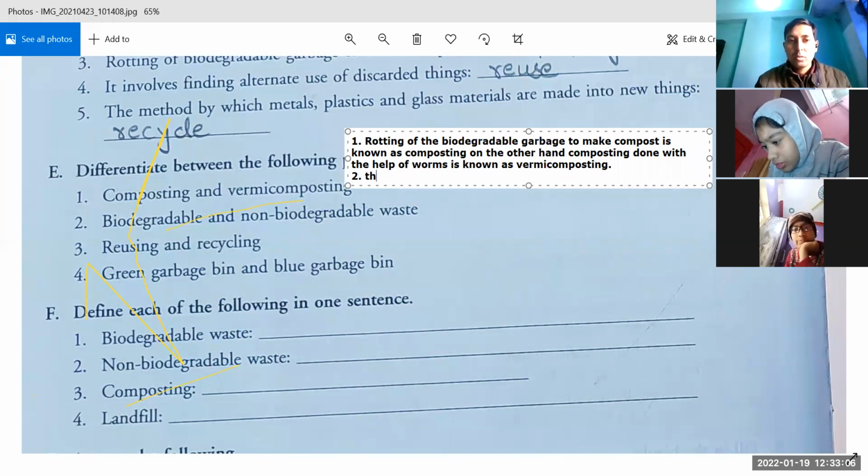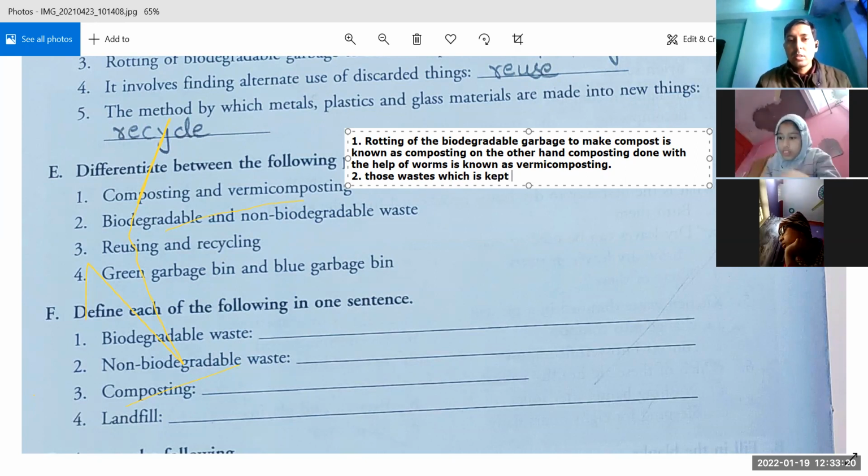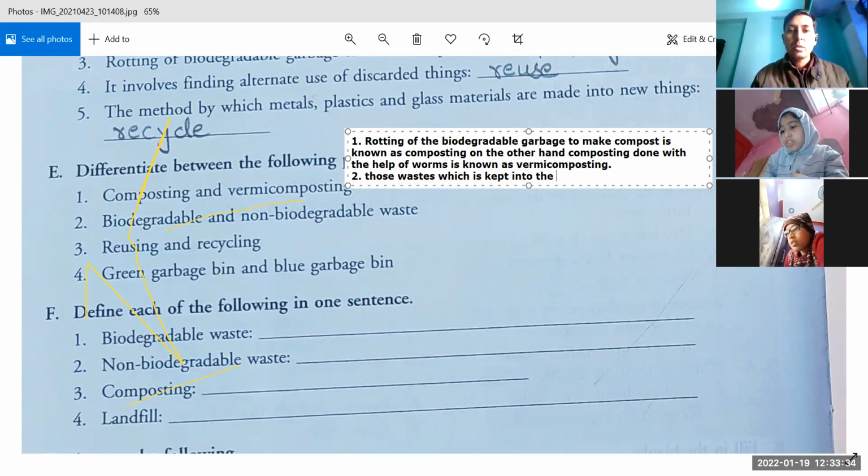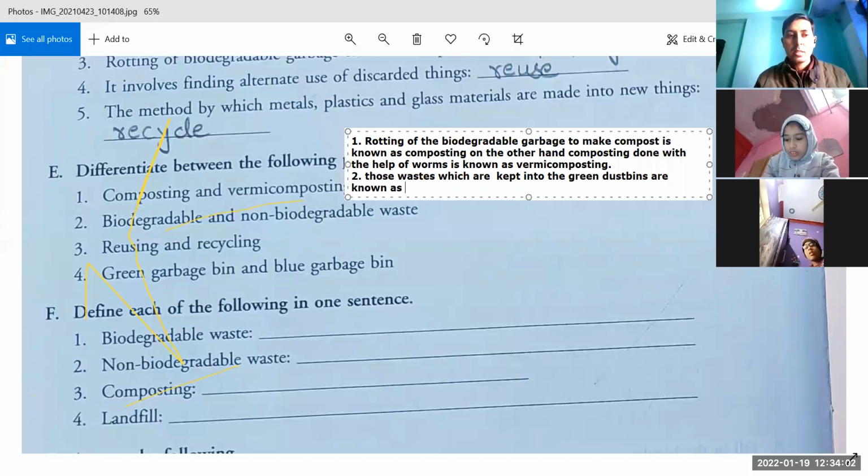Those wastes which are kept into the green dustbins are known as biodegradable wastes.